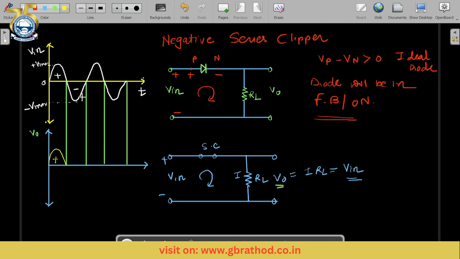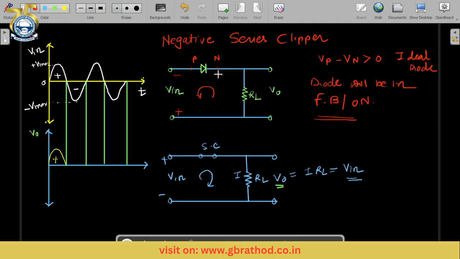Now we'll go for the second half cycle, that is the negative half cycle. In this negative half cycle we have to change the polarity. Now our input is the negative half cycle. When the input is in the negative half cycle, this terminal becomes positive, this is negative. Current is flowing anti-clockwise. Now you see in this negative half cycle the polarity differs.